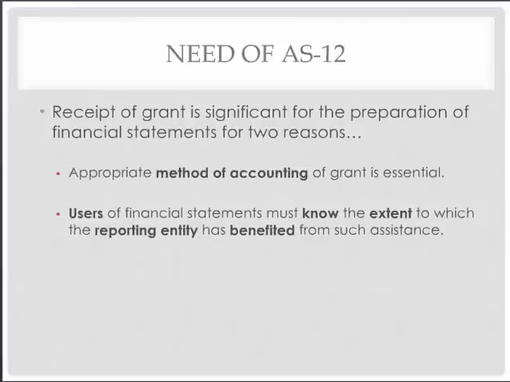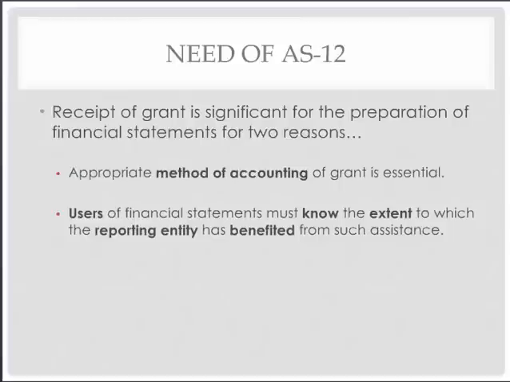Further, users of financial statements must know the extent to which the company has benefited from such grants. Why is this required? Because, one, the user must be able to compare a previous period in which you have not received a grant and a current period.